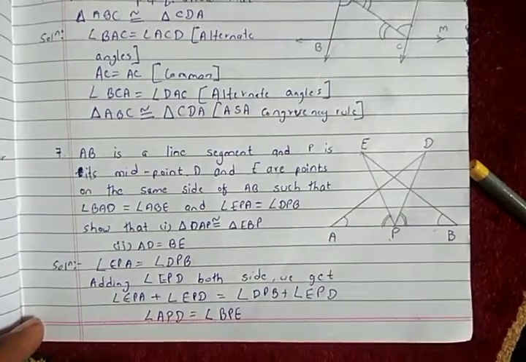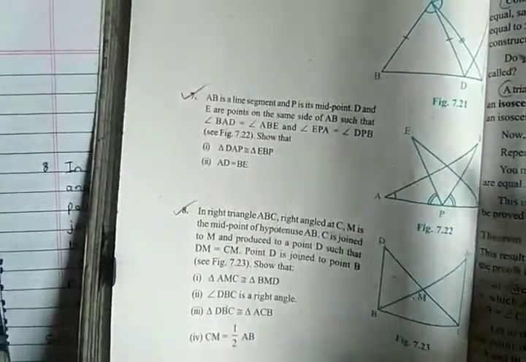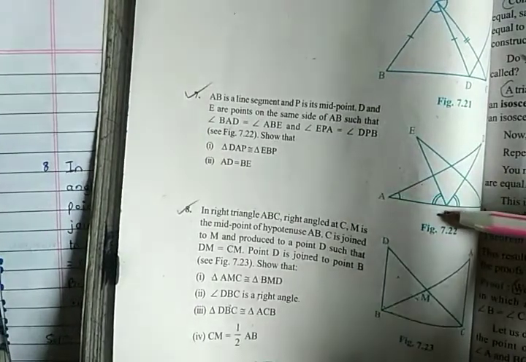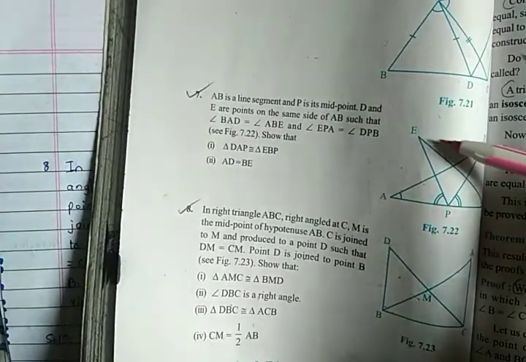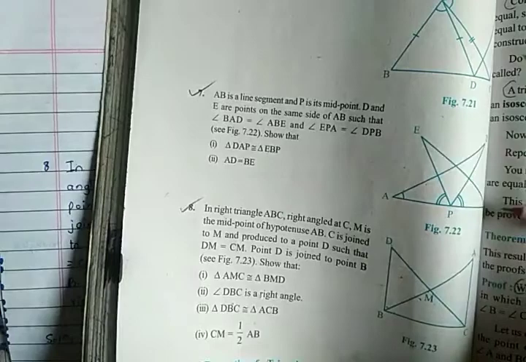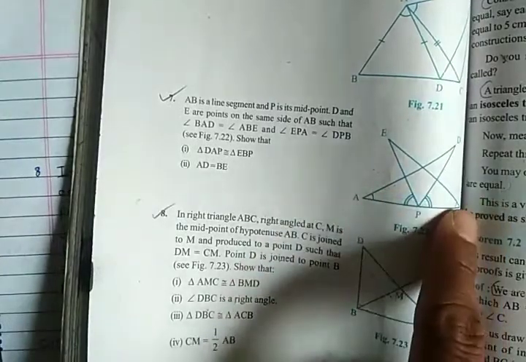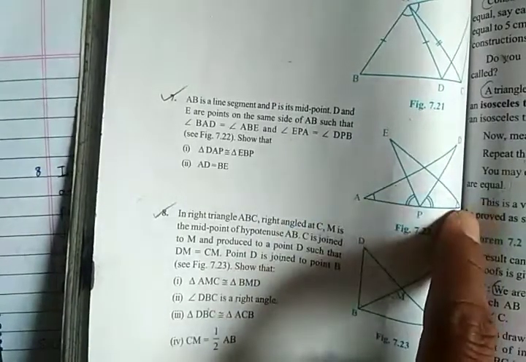Now consider this triangle DAP and triangle EBP, right? In this, angle A is equal to angle B, which is given.